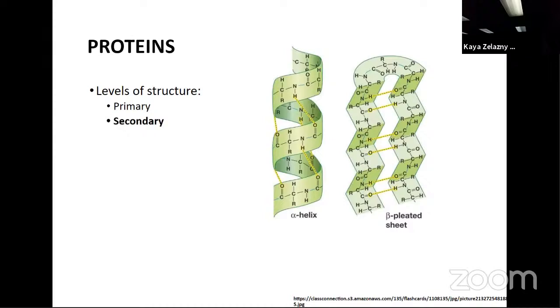Our secondary structure is when things start to get more interesting. In order to have these different shapes, these proteins aren't going to stay as these long polypeptide chains. They're going to start to fold and twist and get crumpled up. And in chemistry, this is actually a pretty cool problem.